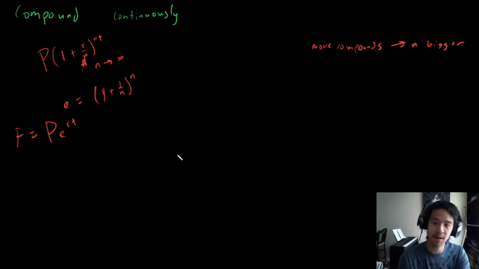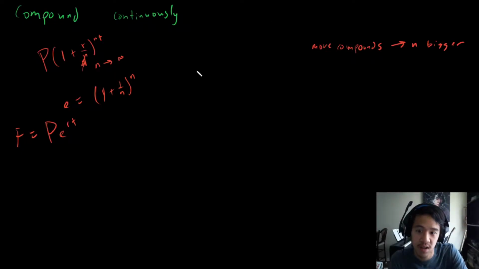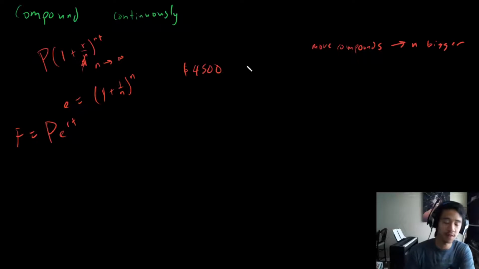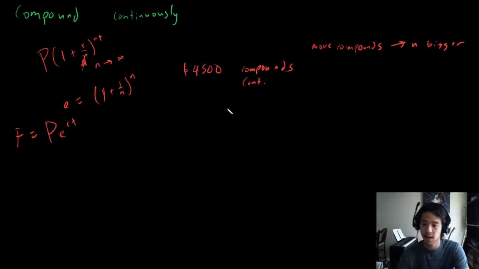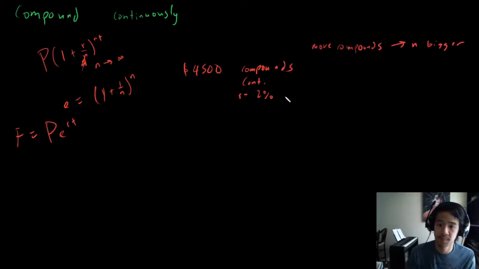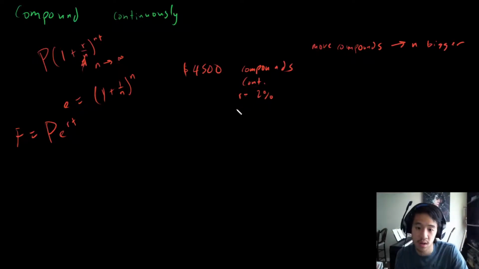All right, so let's think about a question like this. Let's say you have $4,500. You invest $4,500. It compounds continuously, and it's going to be at a rate of 2%, which is really good. Let me teach you some more vocab.